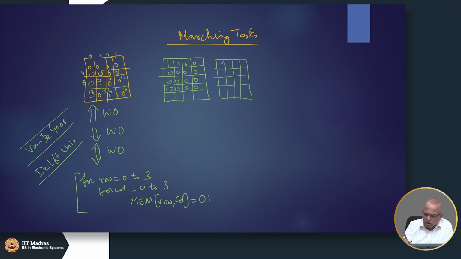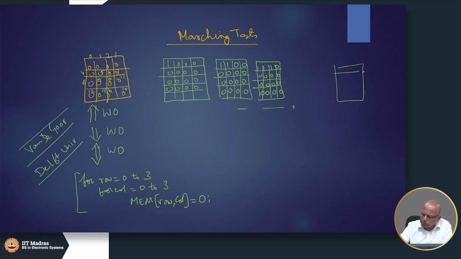We are going to go and write a 1 here. Then we start to fill with ones. So it will go like this, and in the end we will end up writing all ones. So this is called marching a one.